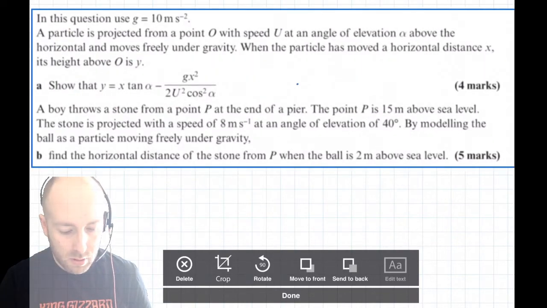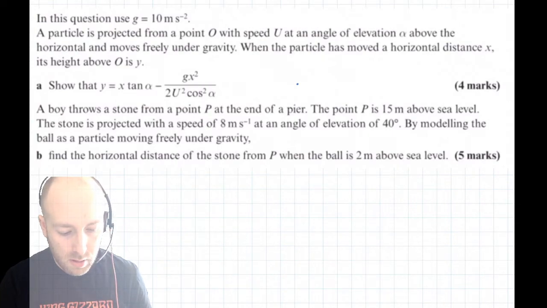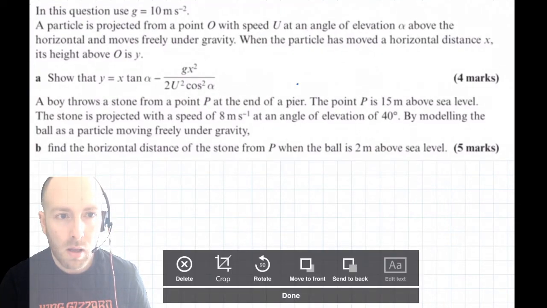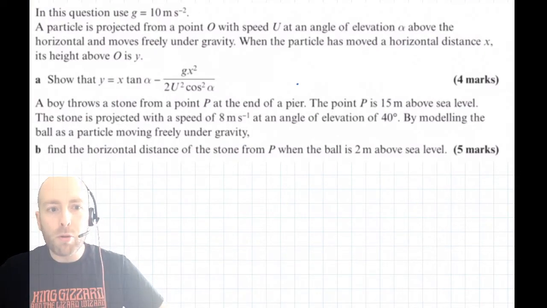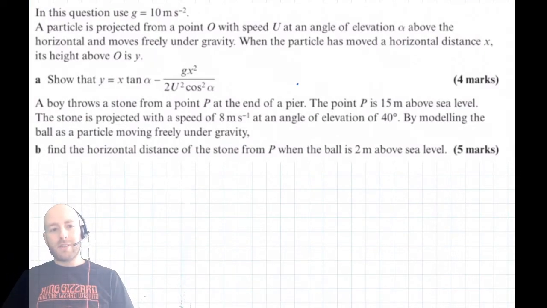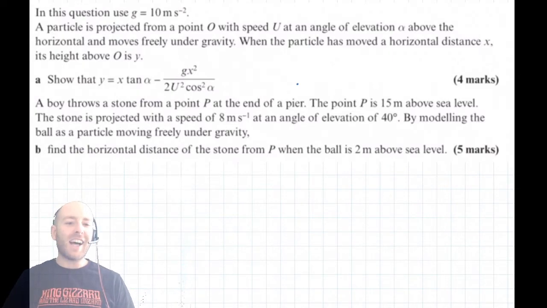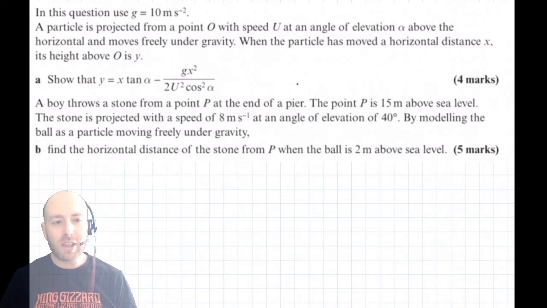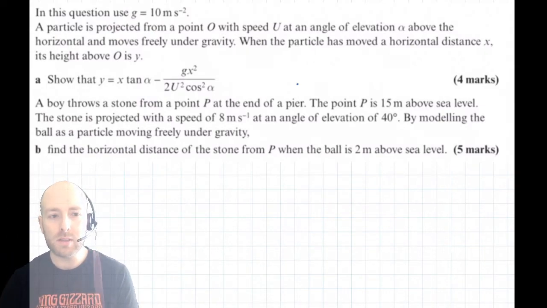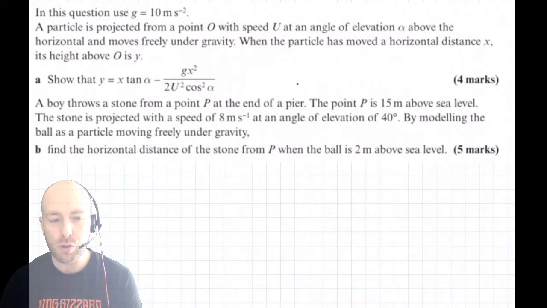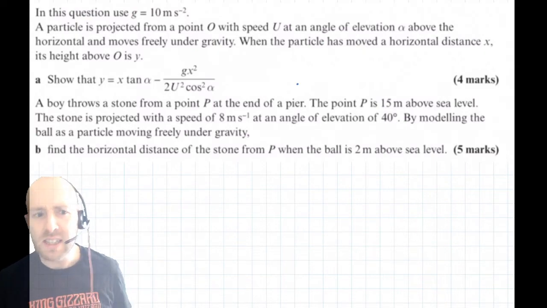So, in this question, use g is 10. First of all, we're proving that thing we already proved. Can you guys do that to practice it? I know we did it already, but 4 marks. It won't take you long, and it's something you want to drill into your head.